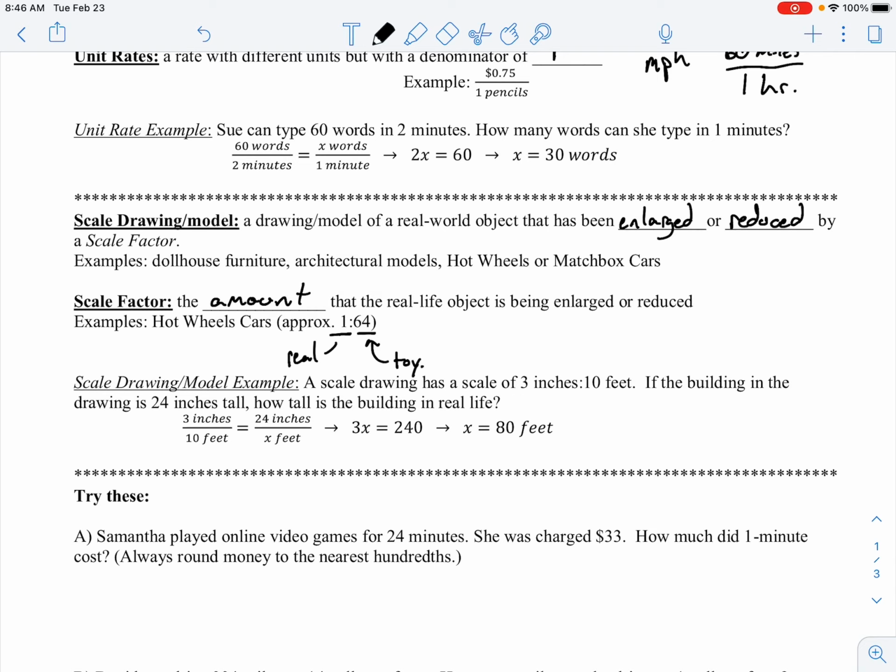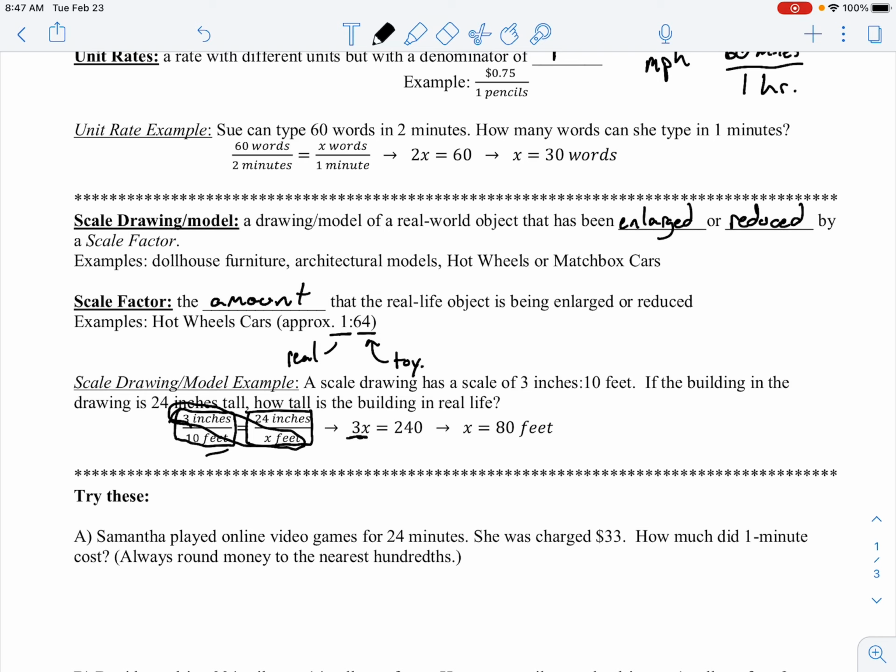So in this case, it tells us that 3 inches of our model is equal to 10 feet in real life. So there's the first ratio they set up there. And we want that ratio to be equal to 24 inches. How many feet will that be in real life? Well, they just set up their proportion, and then they've done their butterfly method, or cross multiply.